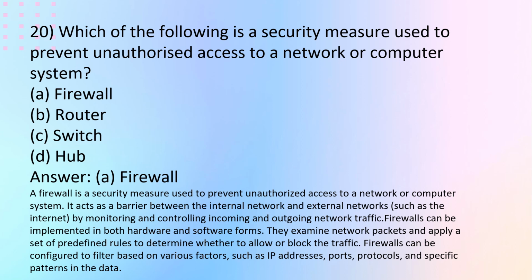By monitoring and controlling incoming and outgoing network traffic, firewalls can be implemented in both hardware and software forms. They examine network packets and apply a set of predefined rules to determine whether to allow or block the traffic. Firewalls can be configured to filter based on various factors such as IP addresses, ports, protocols, and specific patterns in the data.